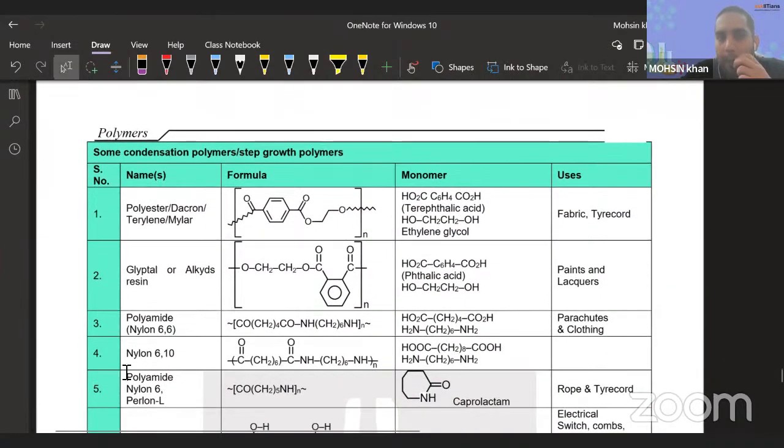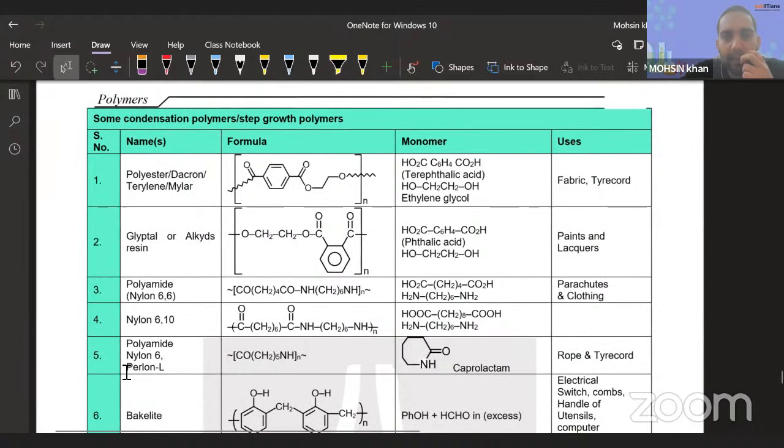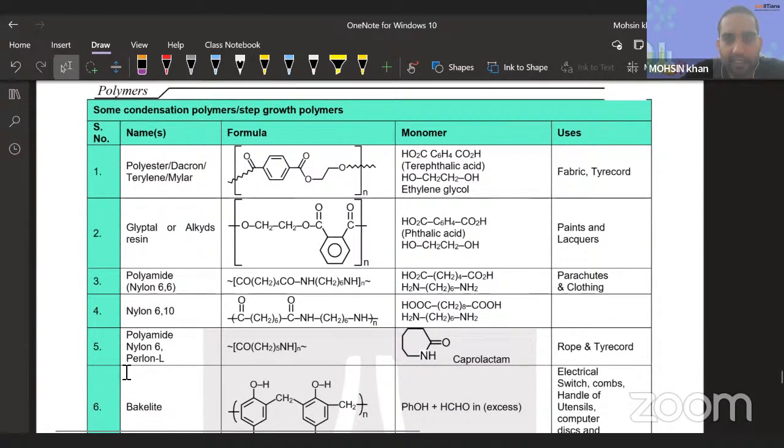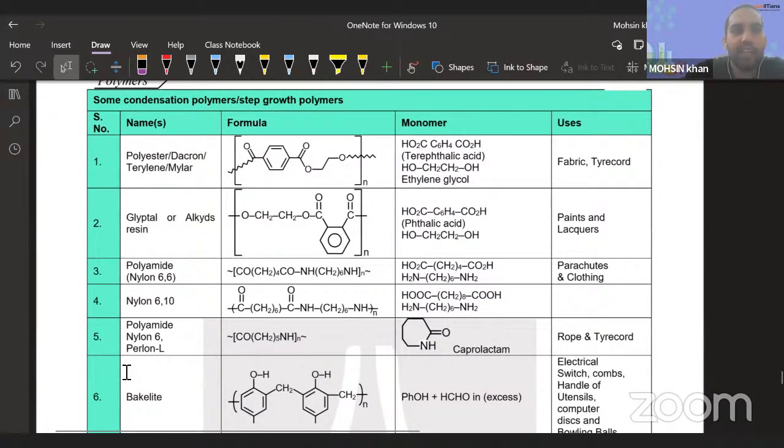Now, condensation polymerization. First we have polyester, which is basically Dacron, Terylene, or Mylar. These are the names. In this we have monomers terephthalic acid and ethylene glycol.